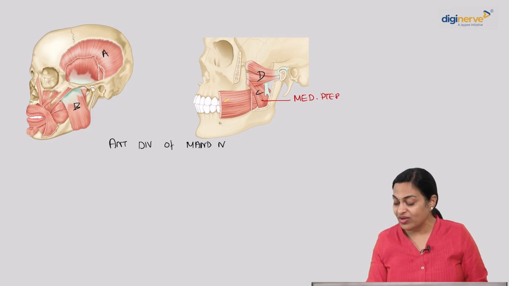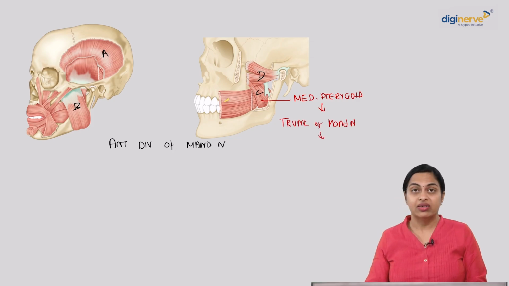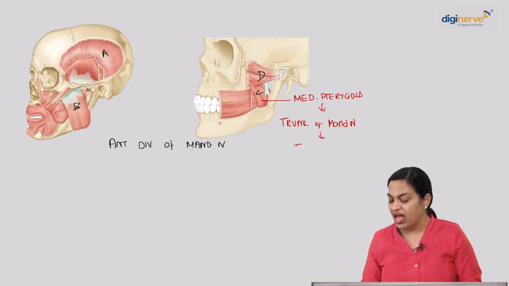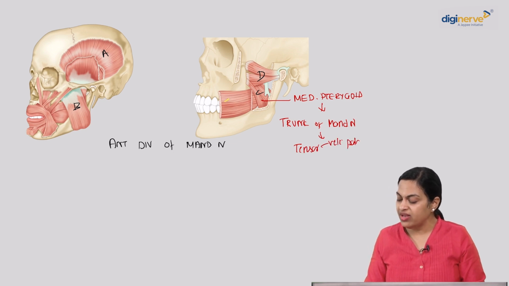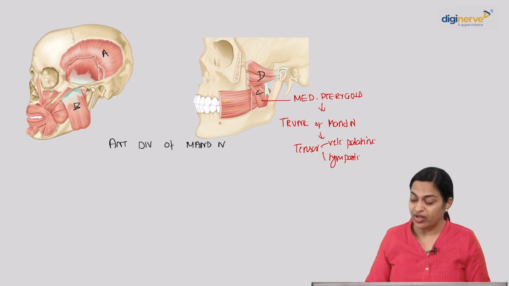The medial pterygoid is innervated by a branch coming from the trunk of mandibular nerve. Okay. And this nerve to medial pterygoid passes through the otic ganglion without any synapse and goes to supply the tensor veli palatini and tensor tympani. Okay, the nerve to medial pterygoid.